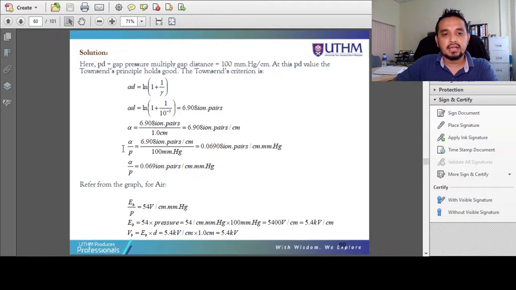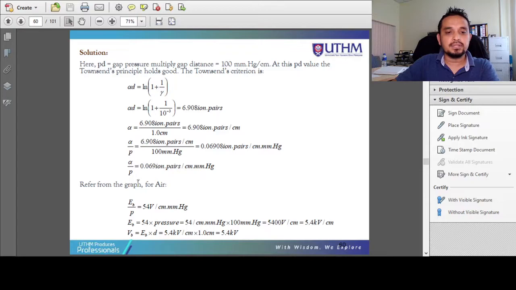It will give us alpha over pressure equivalent to 6.9 ion pairs per centimeter divided by 100. It will then give us a value of 0.069 ion pairs per centimeter mmHg. This is why we want to calculate alpha over pressure.